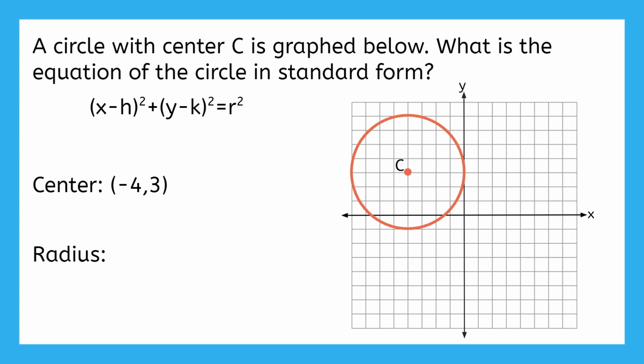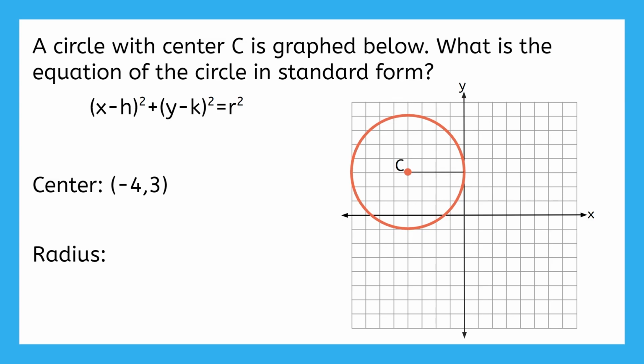Before we put this into the standard form equation, let's look at the radius. If the center of this circle is -4, 3, what is the radius? Since we have the center, the easiest way to get the radius is to use the same method of finding points as we did when we were graphing circles.